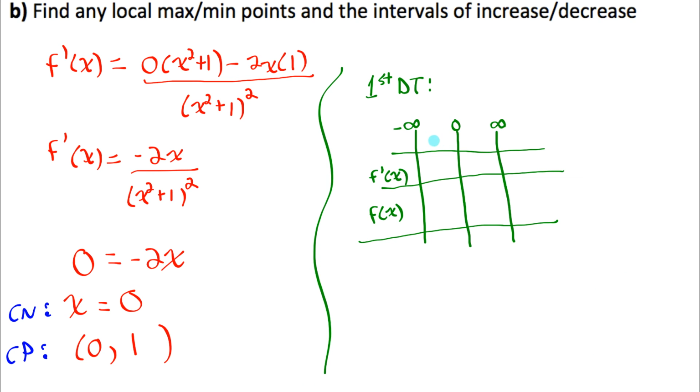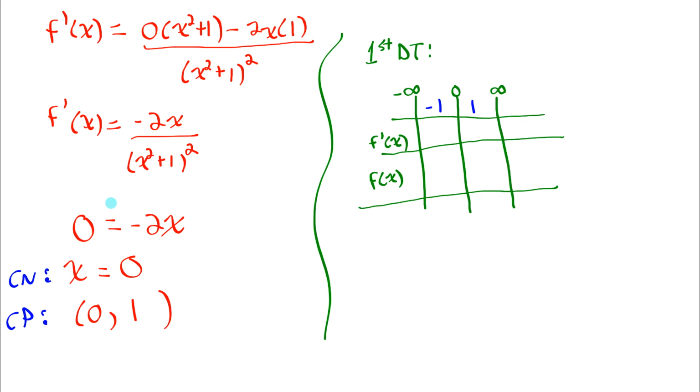So between negative infinity and 0, I'll choose negative 1, and between 0 and infinity, I'll choose 1. Plug each of those numbers into my first derivative. If I plug negative 1 in, f prime at negative 1 would equal 2 over 4, which is a half, which is positive, which means the original function is increasing in the interval before that critical point.